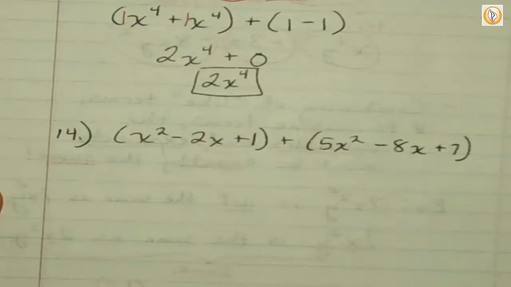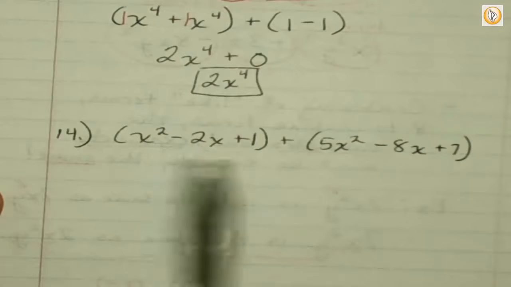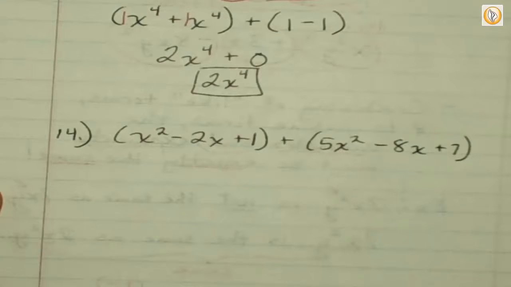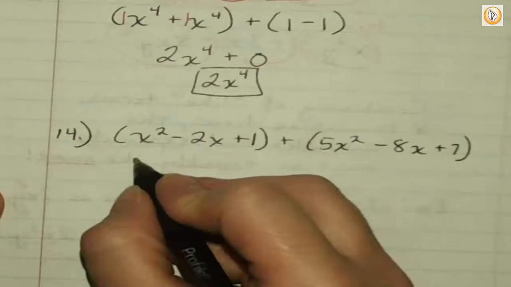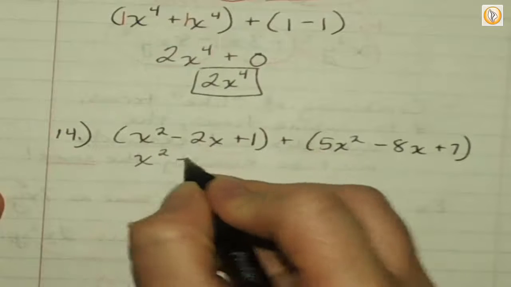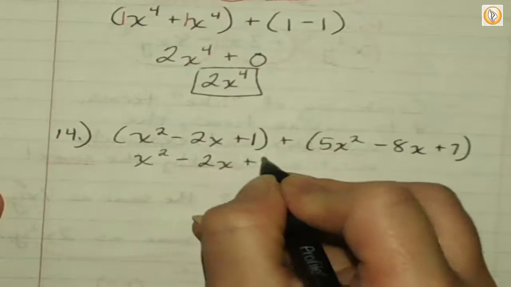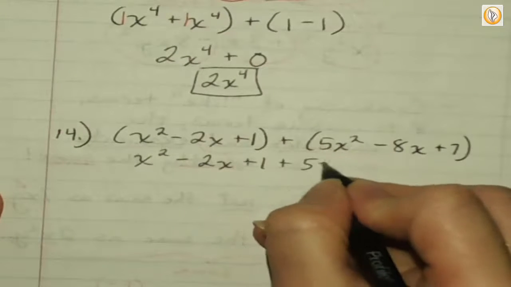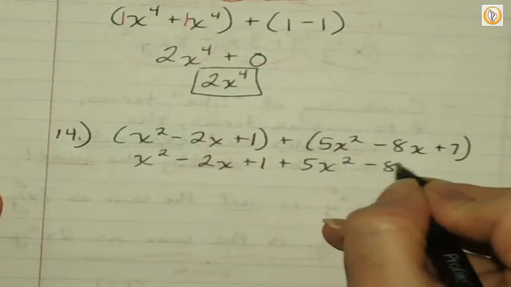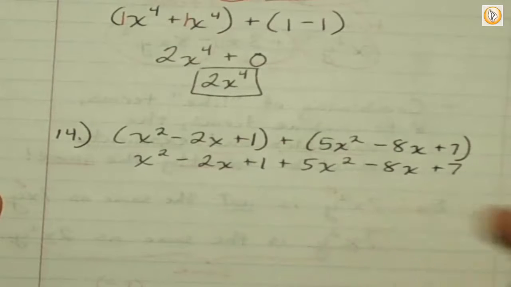No. Okay, very good. Y'all see that? First thing you do is look inside your parentheses, see if there's anything that can be combined with each other, and there's not. So the next step is to rewrite this without the parentheses. X squared minus 2x plus 1 plus 5x squared minus 8x plus 7.